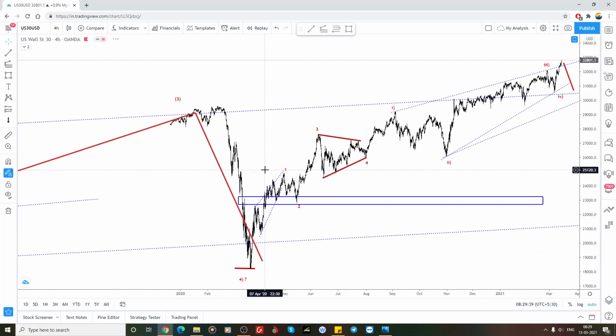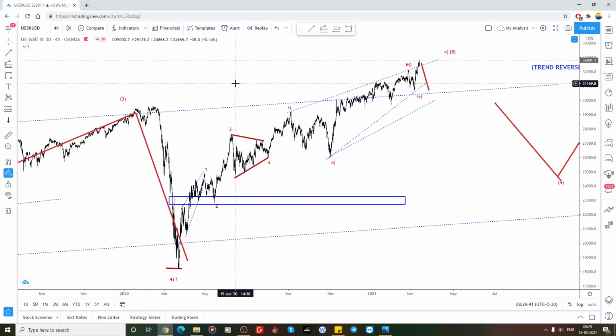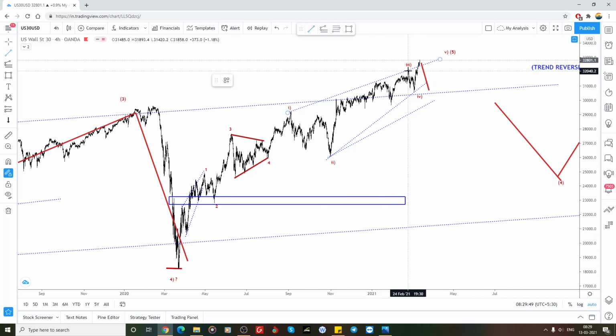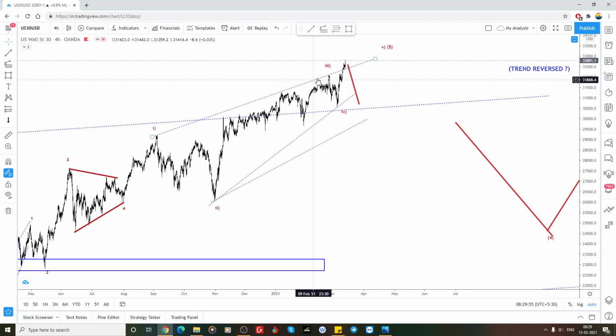So as I said here, if this is the end of that wedge formation, it doesn't need to break this high, and from here itself it has to come to the downside, but it has already again broken the wedge formation here. So now it is bullish, and it keeps on extending the third wave. Whether it is going in the diagonal formation, we have to wait and watch.